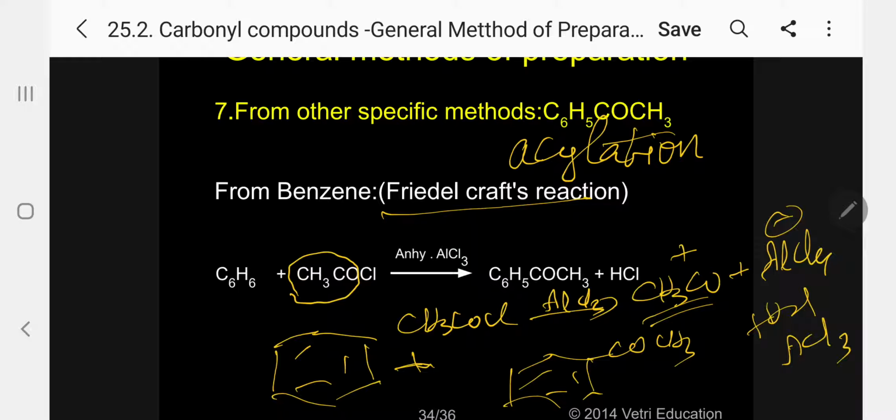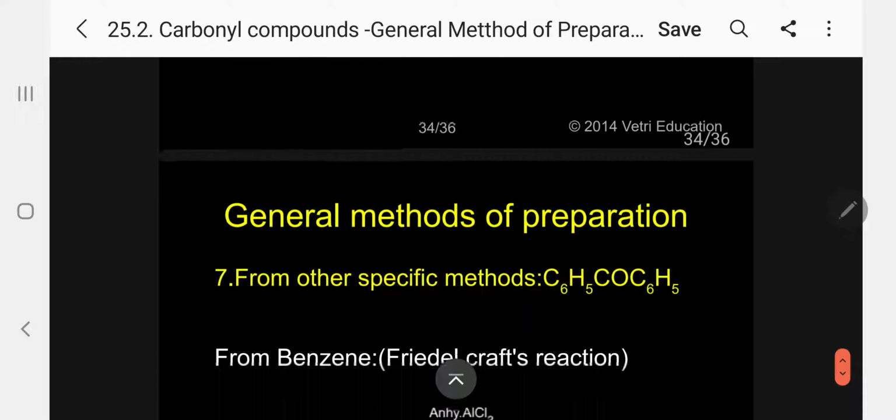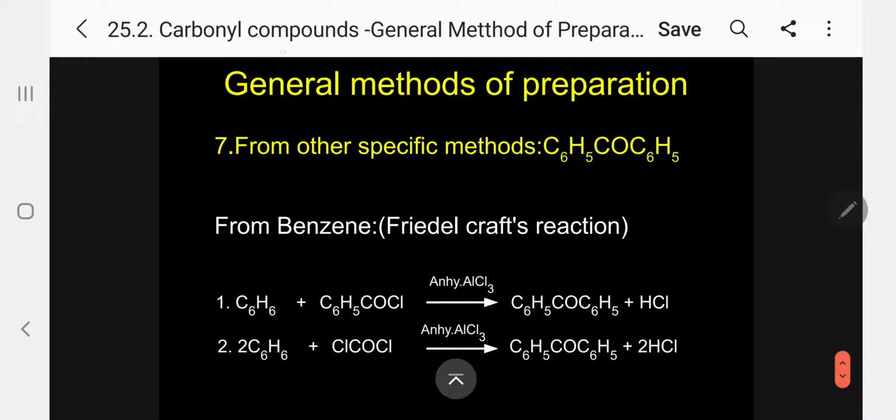So this is the general reaction. So AlCl3 is acting as a catalyst. So HCl is formed. Please follow. This is called acylation, specific for the corresponding acetophenone. Then another example.